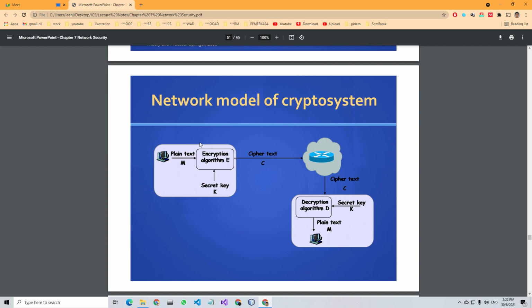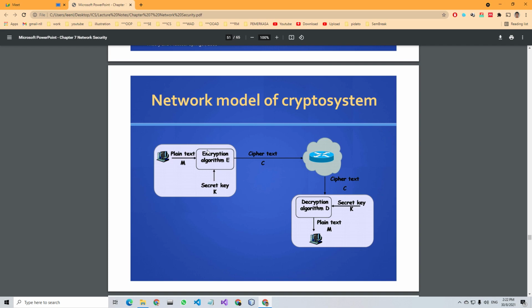The objective of this simple crypto system network model is that at the end of the process, only the sender and the receiver will know the plain text. Okay, only the sender and receiver will know the plain text. That's the objective of this crypto system.